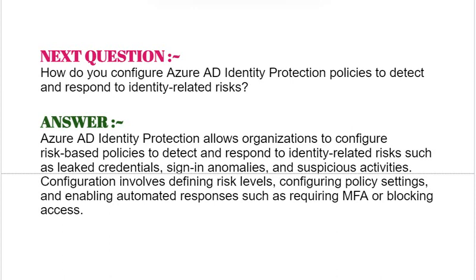Configuration involves defining risk levels, configuring policy settings, and enabling automated responses such as requiring MFA or blocking access.